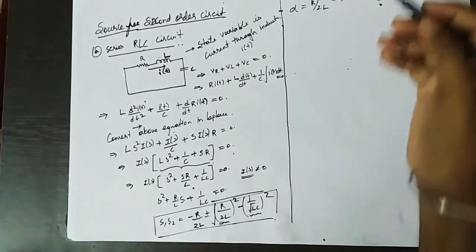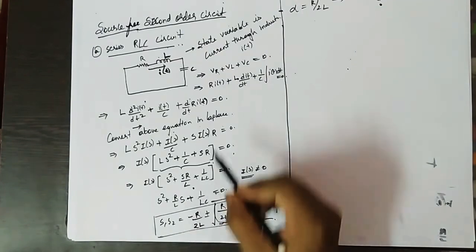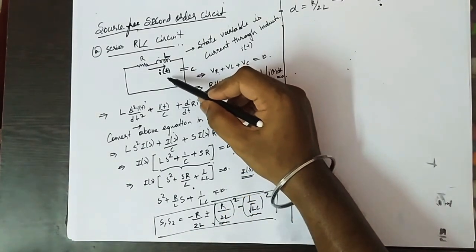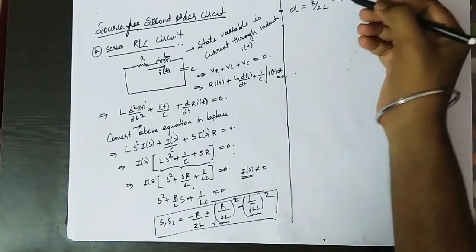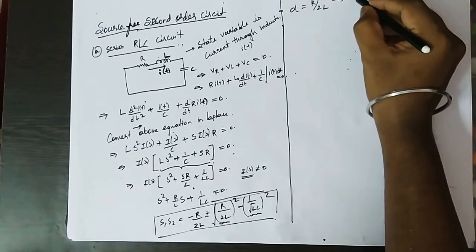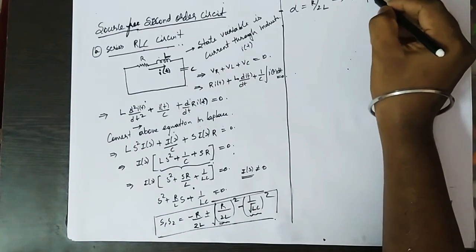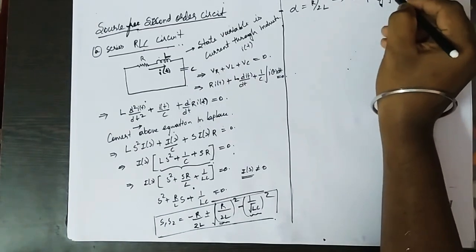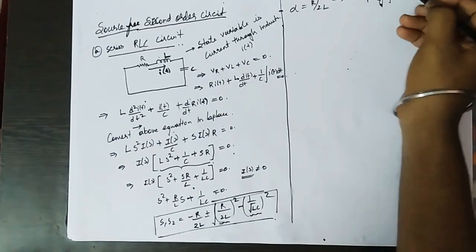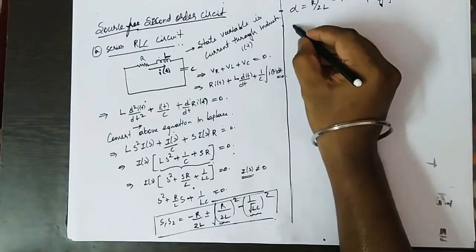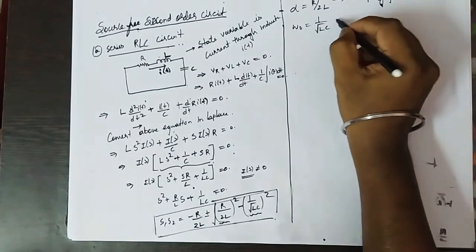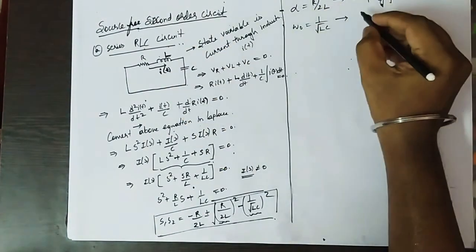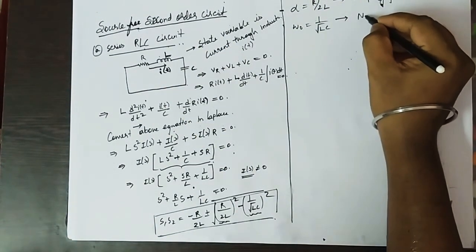As I said before, the nature of the roots will decide the response of this I of t. So alpha equal to R by 2L is called the damping factor, and natural frequency omega naught equal to 1 by root of LC. So this is the natural frequency of the circuit.